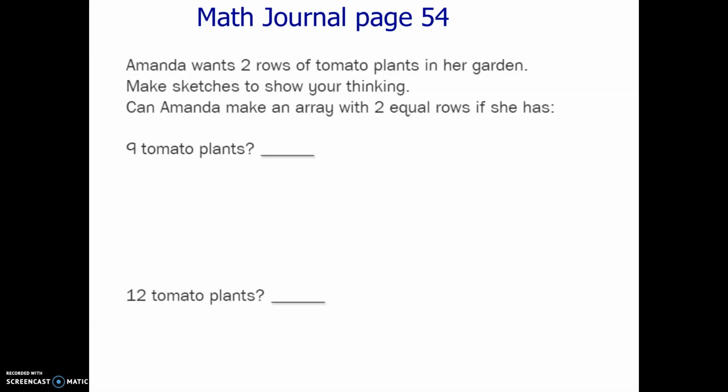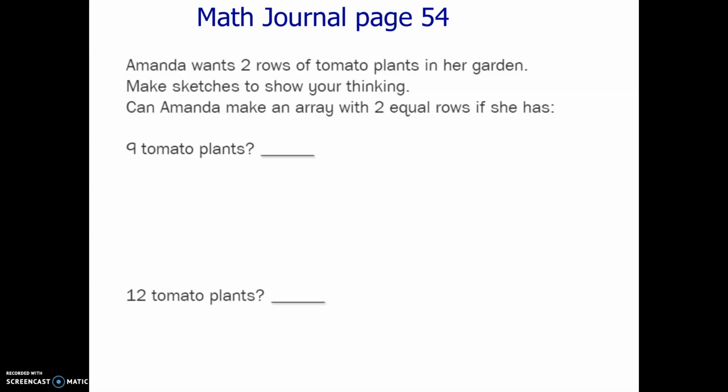You can use counters, which means if you have some pennies, you could grab some of those. You had some counters in your math manipulatives kit that was sent home. I don't know that you'd have enough, but maybe pennies would be a good item to use as counters, or you could draw it out.